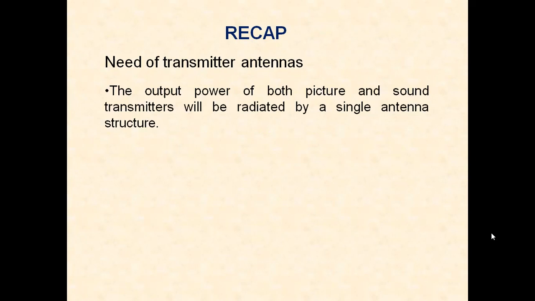Any communication system, for example a TV transmission system, consists of a TV transmitter, TV receiver, and a communication medium. The transmitting medium is the direct link between the transmitter and receiver. In TV transmission, it is a wireless communication, and therefore we require no physical wire.